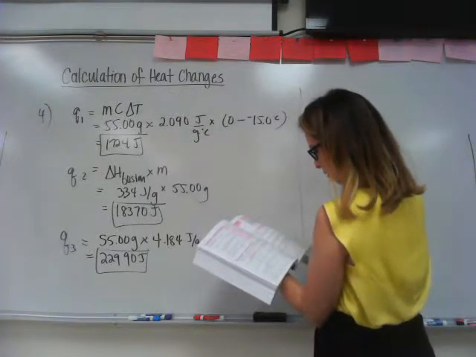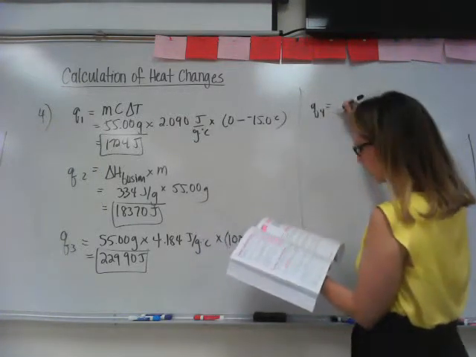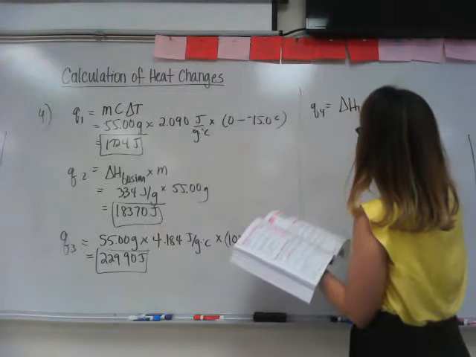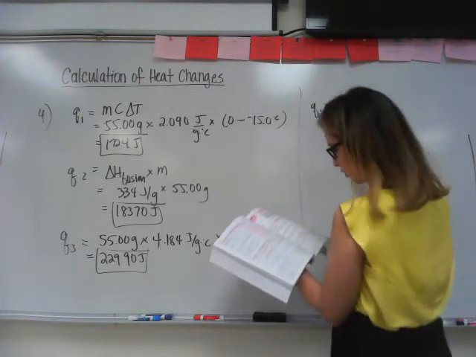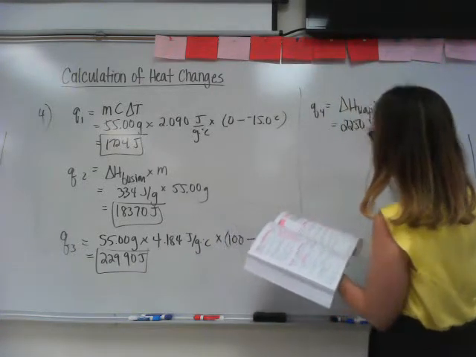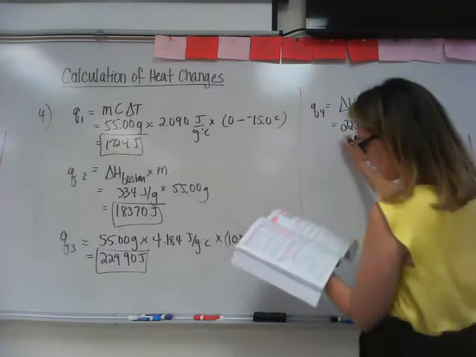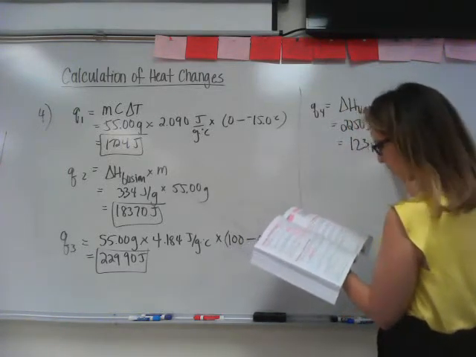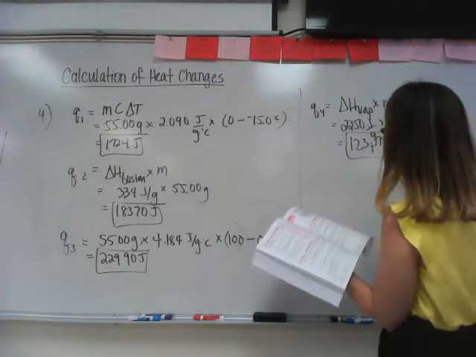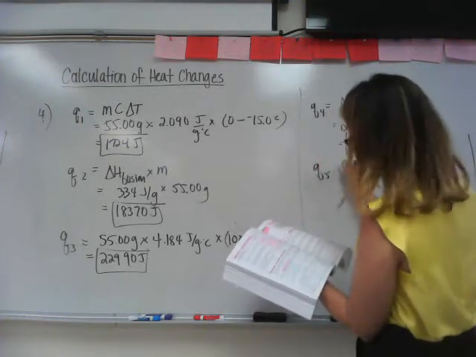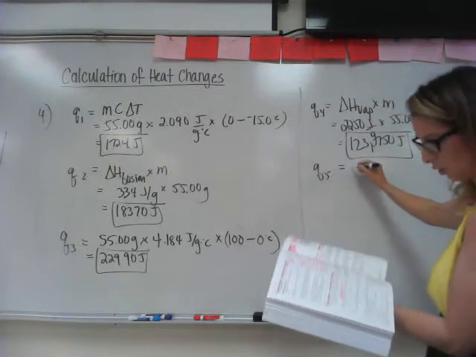And then for Q4, the heat of vaporization times the mass. This is going to end up being 2250 joules per gram times 55 grams. And this is 123,750 joules.